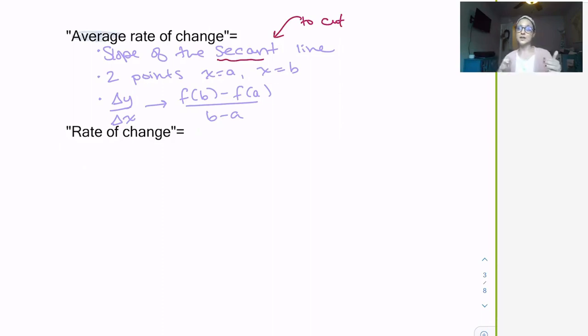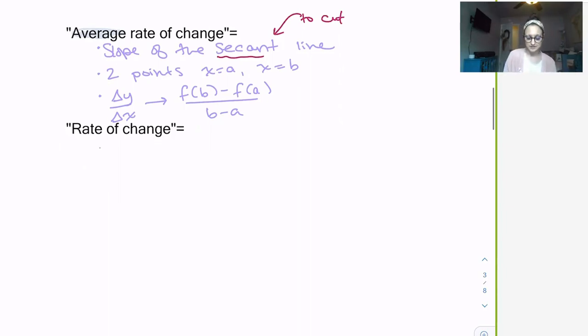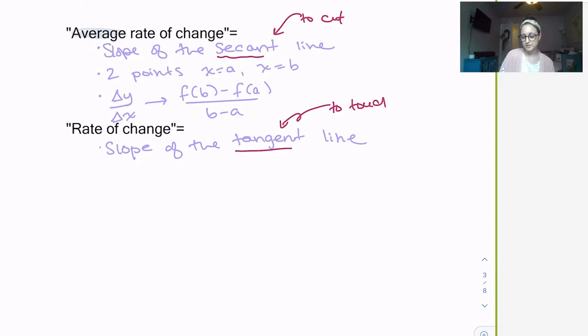Now in calculus, we can now calculate the instantaneous rate of change, also just known as the rate of change, okay? And this is the slope of, what do you think? Of the tangent line, yeah. So the instantaneous rate of change is also known as the slope of the tangent line. Remember, tangent in Latin means to touch, so you're just going to touch the function at one point.